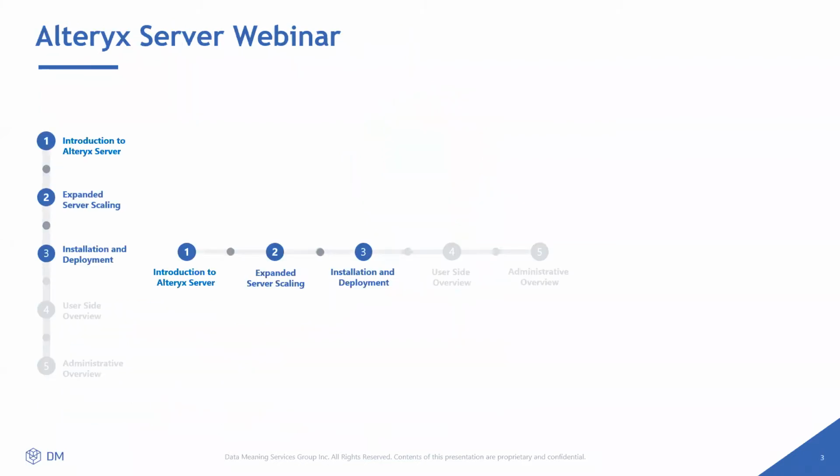So as mentioned before, this is part 3 of our webinar series. Just a brief recap: in the first portion, I covered a little bit of the overview of the Alteryx server. I then took it a step further and talked about how you get an Alteryx server from that basic beginning standpoint to something more enterprise level.